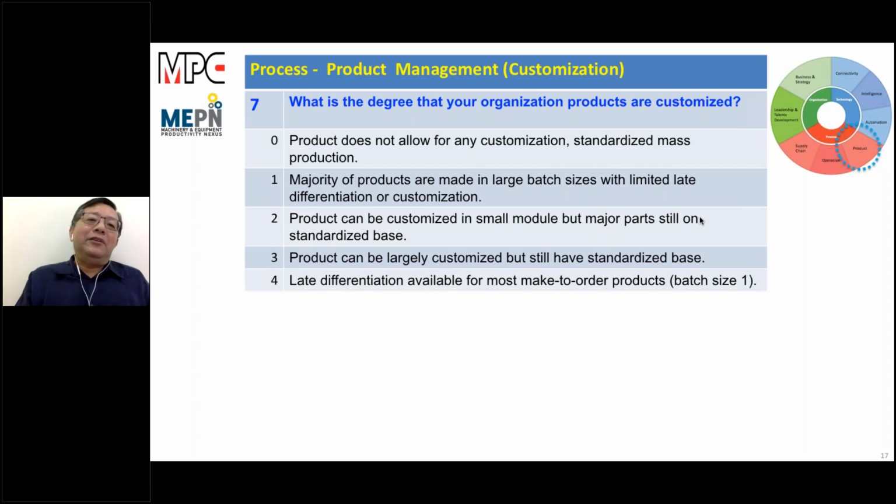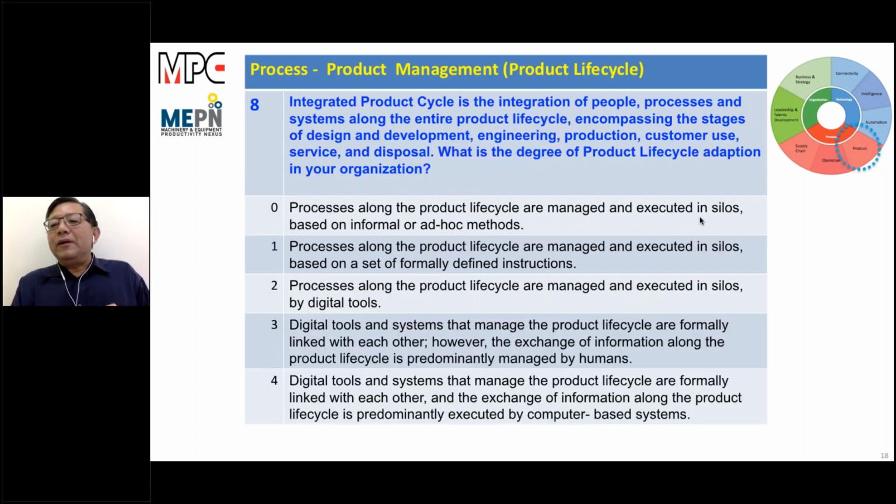Some of the challenges that you are saying, are you able to, how do you control the product management? Okay. So question number 8 is asking about product management. It's the product life cycle. Okay. So the question asks about the integrated product life cycle, the integration of the people, processes, and also systems along the entire product life cycle, encompassing the stages of design and development, engineering, production, customer use, services or disposal.